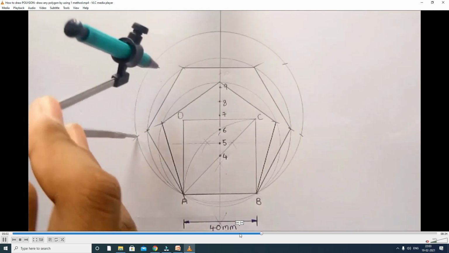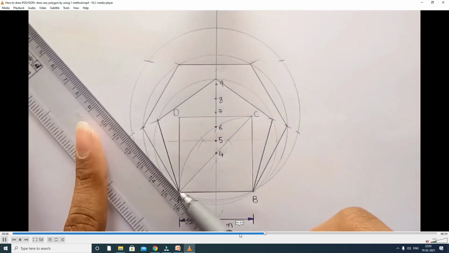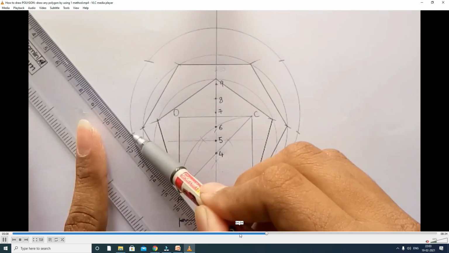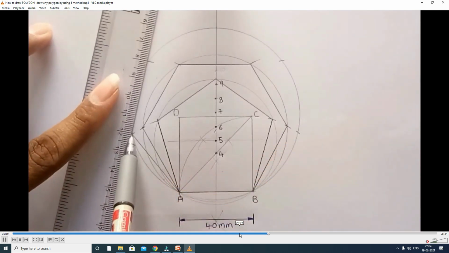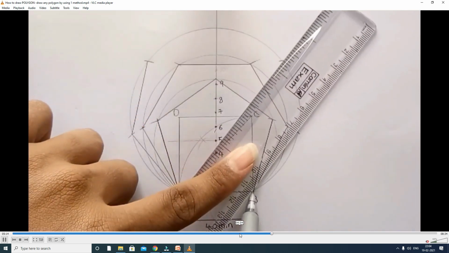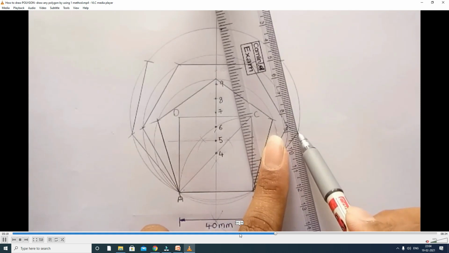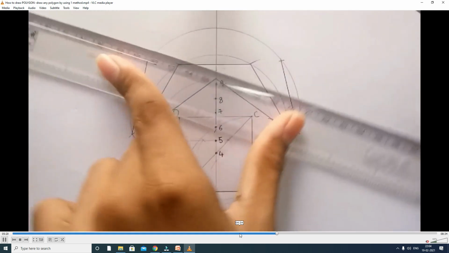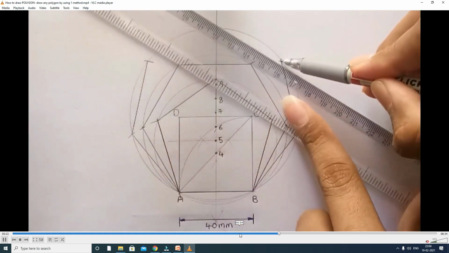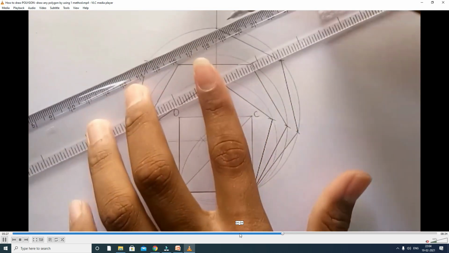Okay, here 7 is the center, that's why 7 sides are there, heptagon. You observe here, take the scale and join, draw the lines B to C and D, E, F.